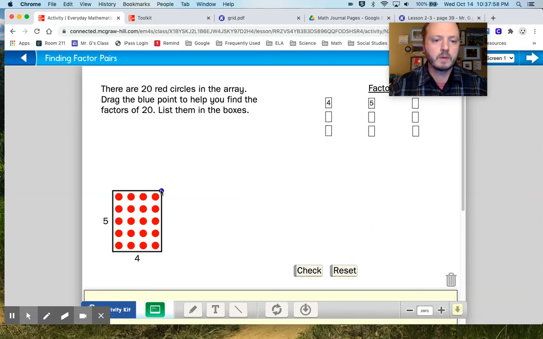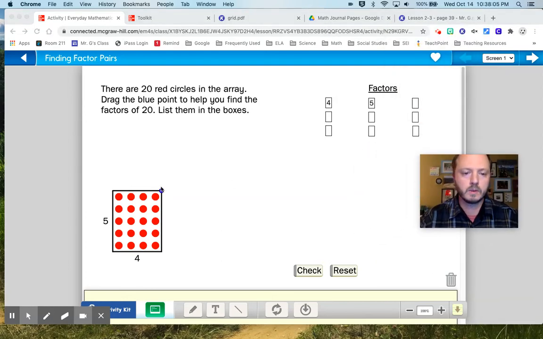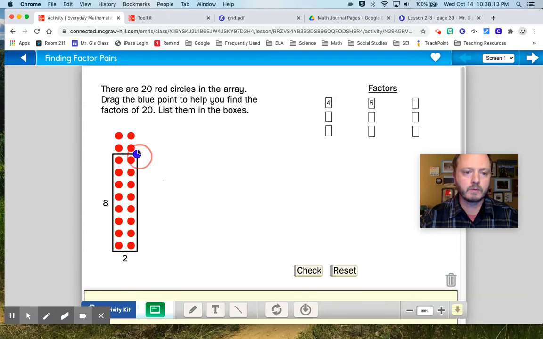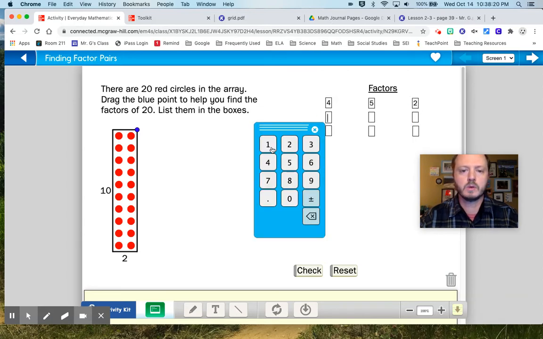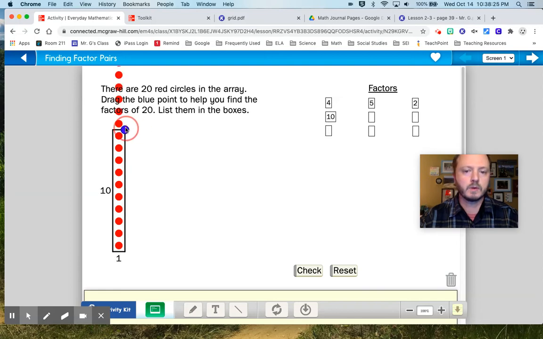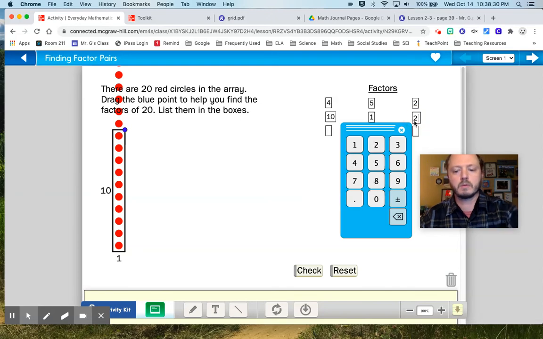Now the next thing we're going to do is keep dragging, right? That was one pair. But look, we have another one that makes a rectangle, 2 and 10. So we can say 2 and 10. That's another one. And we know 1 and 20. So we're going to put those in there, right? And there.